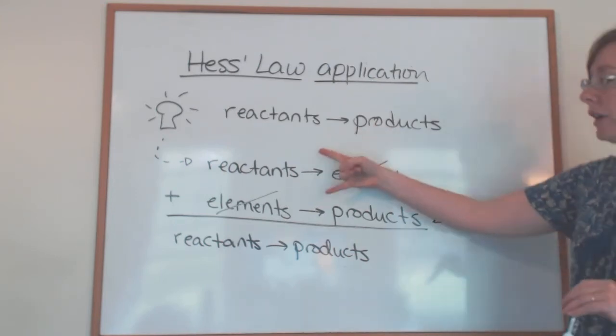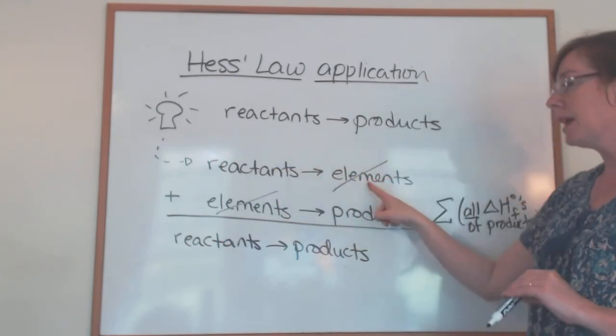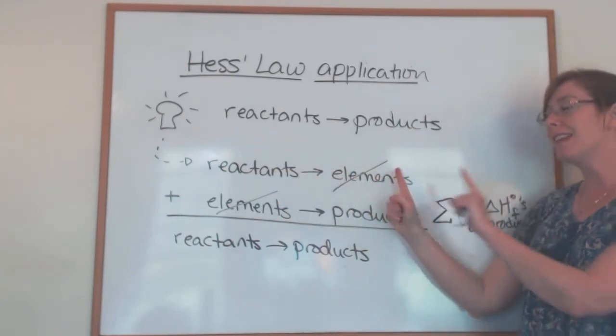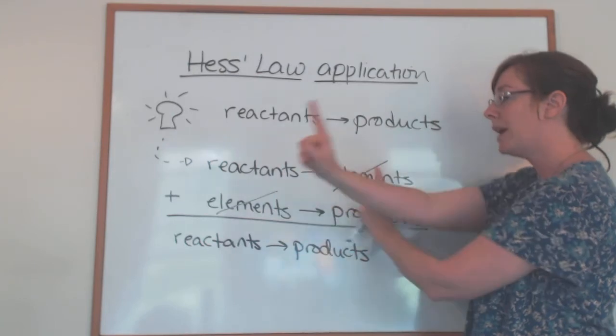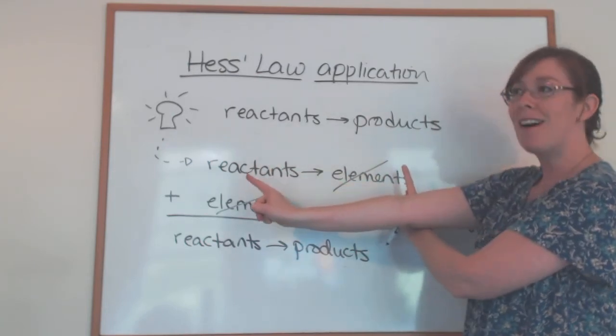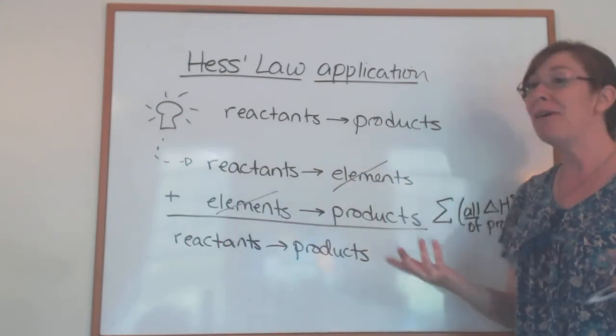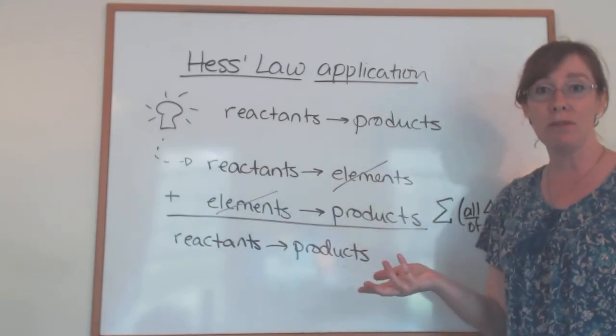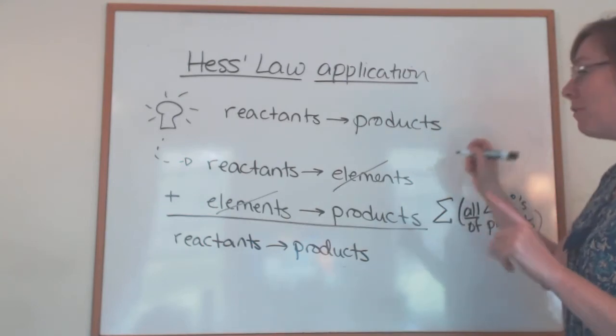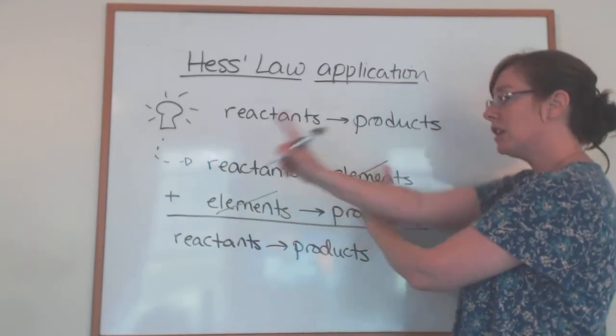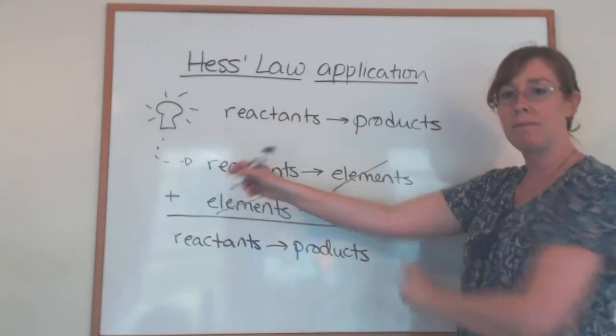Now, the earlier step, the reactants becoming elements, hopefully you can see that if we were to reverse this equation and make the elements on the left side, we're essentially also writing a standard enthalpy of formation reaction. But remember, if you reverse an equation, you have to flip the sign of the enthalpy change.